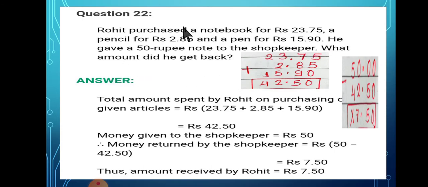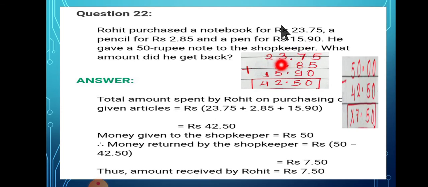So first of all, when you purchase all the things, first we will add how much money we spend on the items. How many items will we purchase? Notebook, then pencil, then pen.